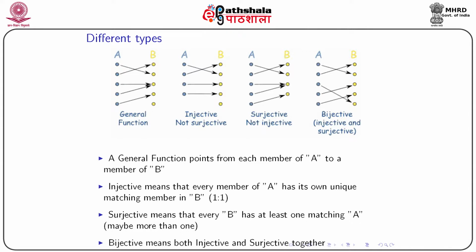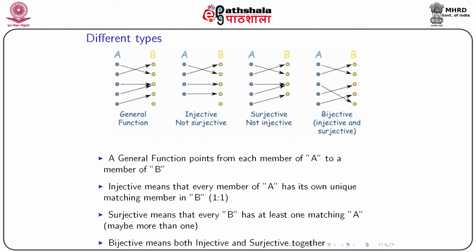We can have a different type of mapping too, that is called surjective. Now what is the definition of a surjective mapping? Surjective means that every B has at least one matching A. That means for each of these B, I will have at least one element which belongs to set A. I can have more than one element.